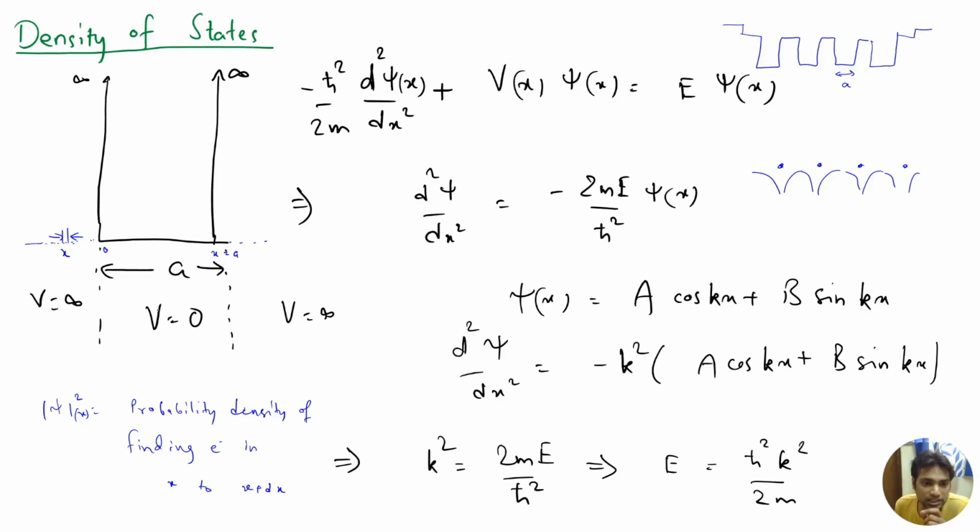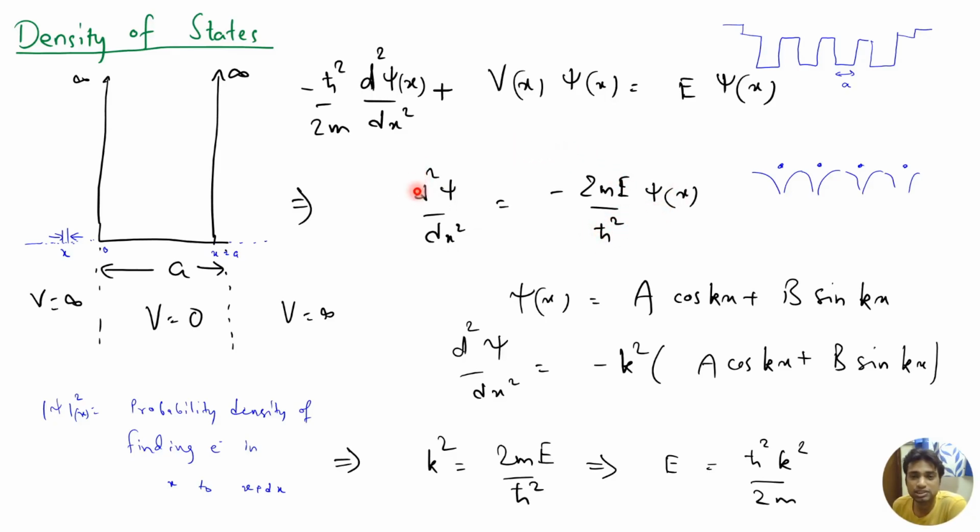Inside here the value of the potential V is 0. So you put V equal to 0 and take these terms, minus h bar square by 2m, to the right hand side. You end up with d2 psi over dx square equal to minus 2mE over h bar square times psi of x.